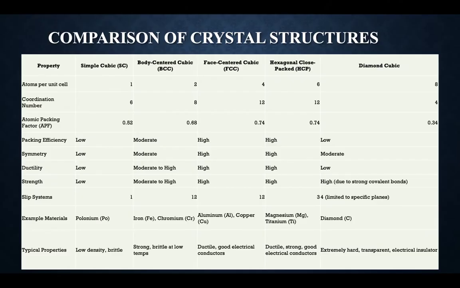Whereas the packing efficiency for simple cubic is low, and it is the same for diamond cubic, whereas for FCC and hexagonal close packing the packing efficiency is high, whereas in BCC it is moderate.